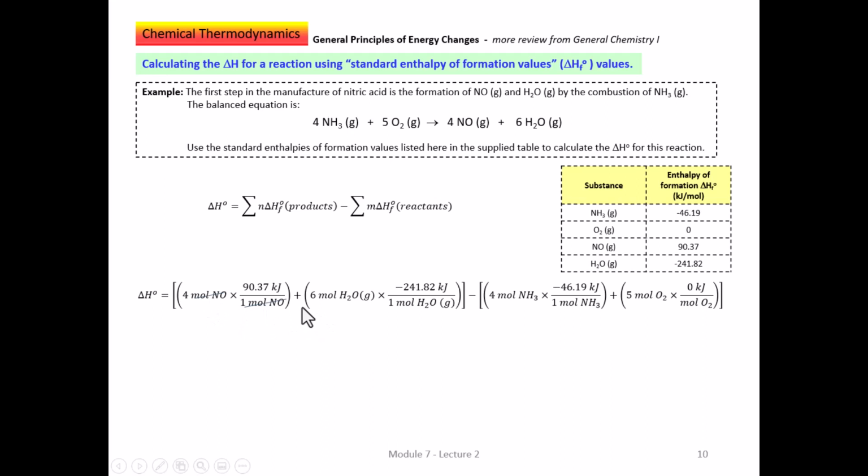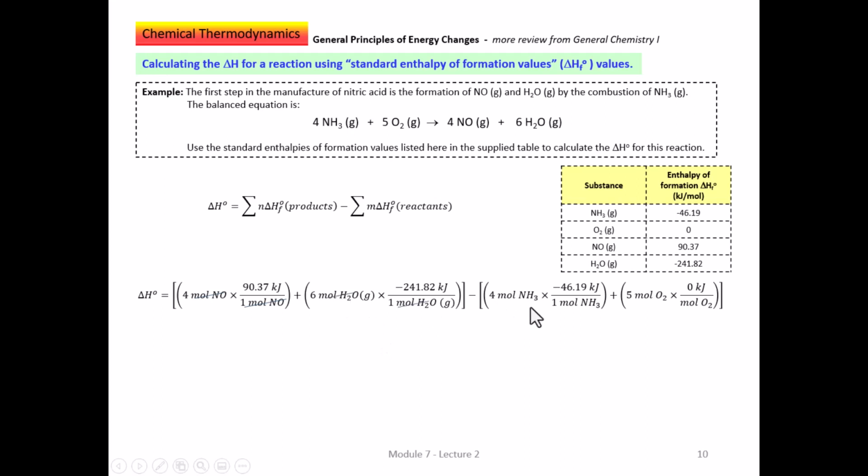Then I'm going to add 6 moles of water vapor times minus 241.82 kilojoules per mole of water. I think I made sure that the state sign was given here for water vapor because you want to make sure it's water in the gas form, not water in the liquid form. Two different values because water's in the gas form in this equation. And so moles of water cancel.